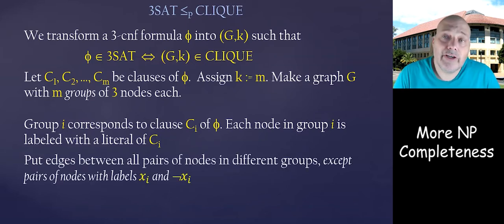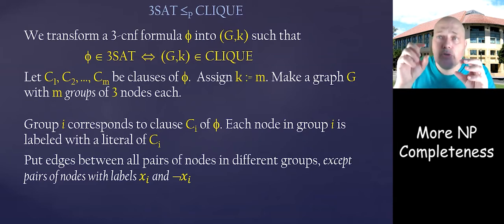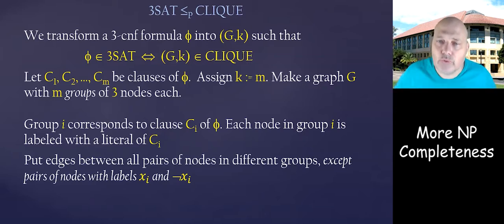So now I defined the vertices, I need to define the edges. The edges are going to be between all pairs of vertices that are from different groups. We have m groups. We're not going to put any edges within a group. We're going to connect different groups, and we are connecting everything apart from those edges that correspond to a contradiction.